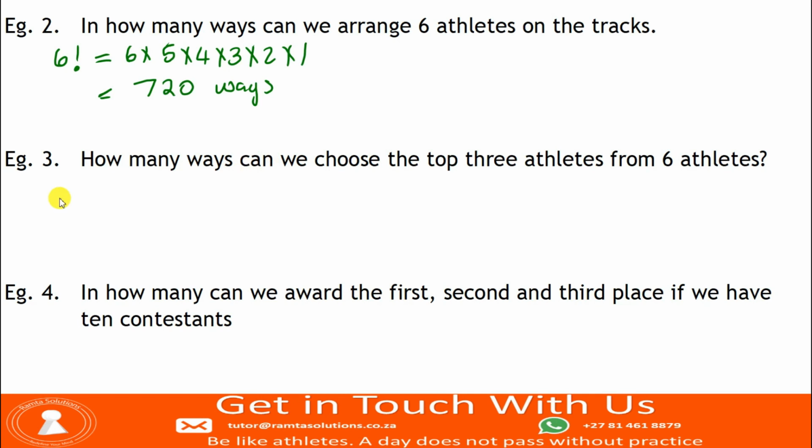You're not going to say 6 factorial. What you're going to do for this one is say you have 6 individuals to choose from, but you only need 3. So it'll be 1, 2, 3. Whichever order you get them in, for the first position there are 6 athletes vying for it.